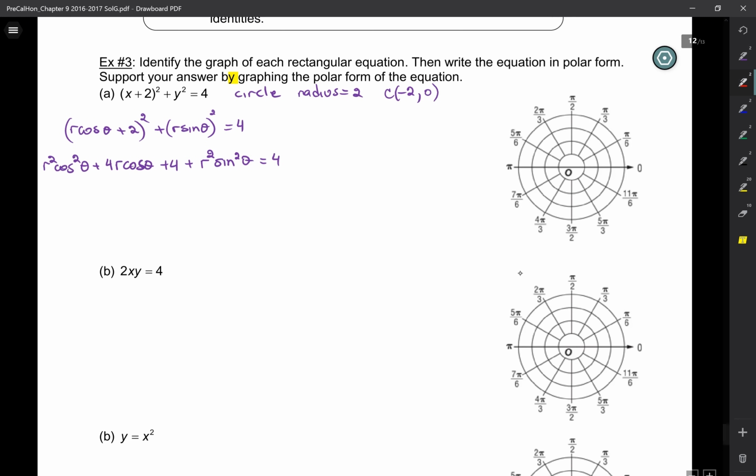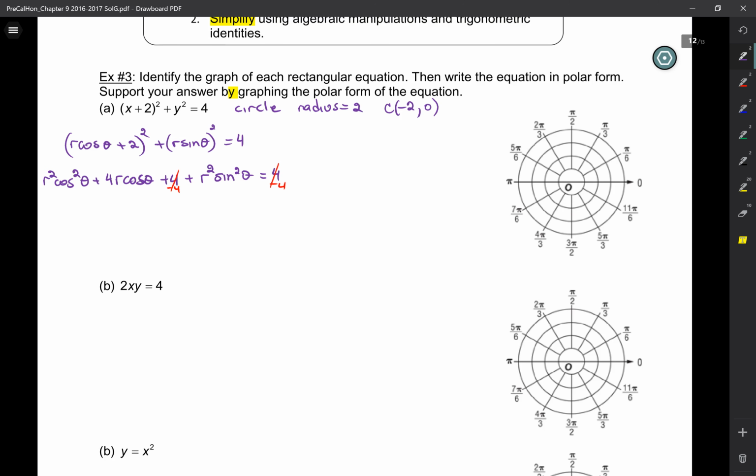Now, I subtract 4 and I subtract 4, so that goes away. Thank goodness. After you subtract 4, this is the critical step now. Because we squared an r cosine theta and we squared an r sine theta, now we have sine squared theta and cosine squared theta, and that is an identity, right?